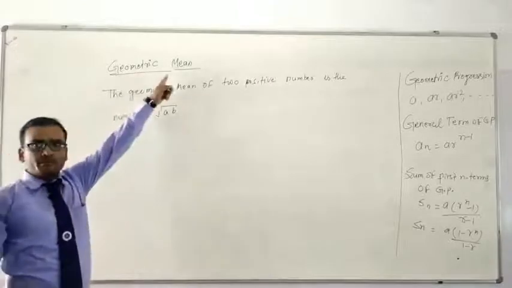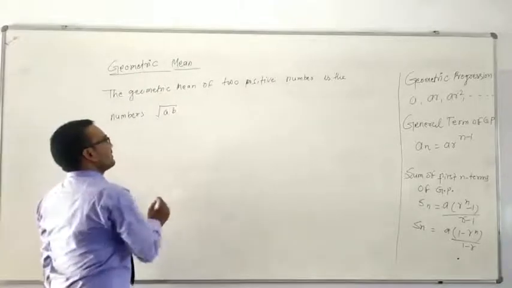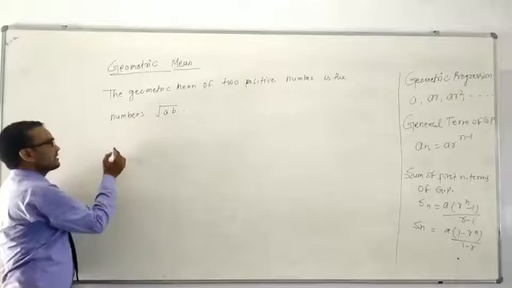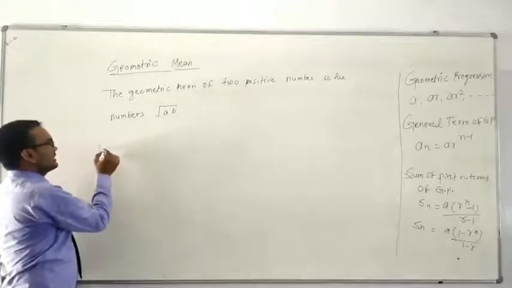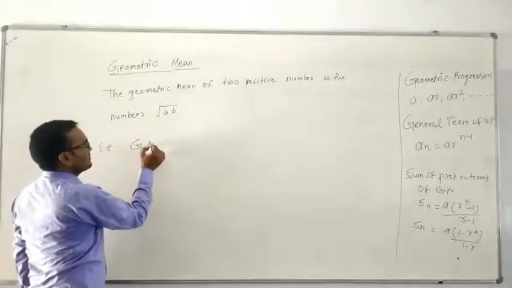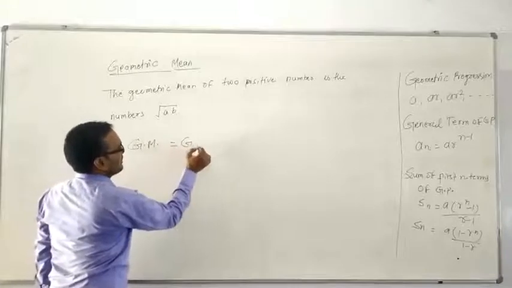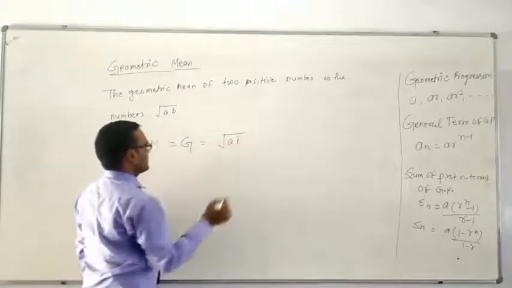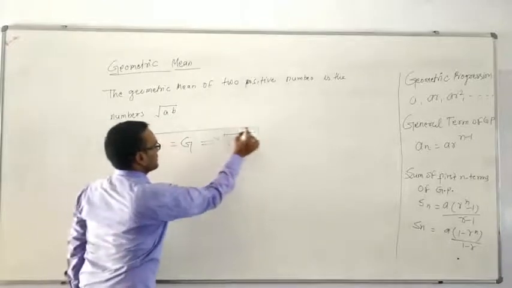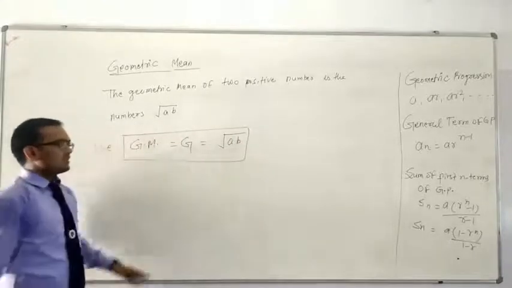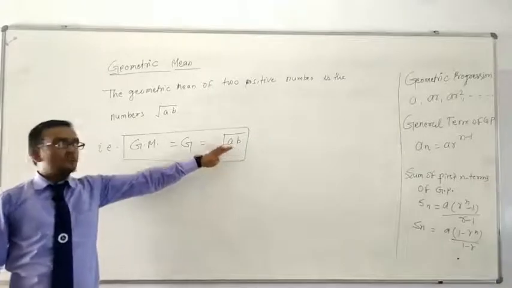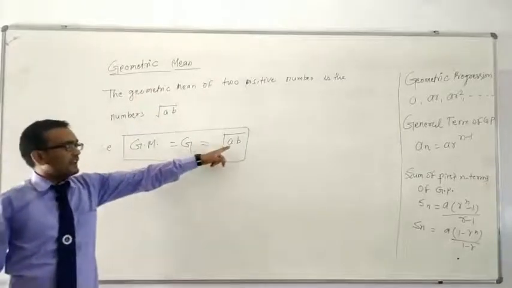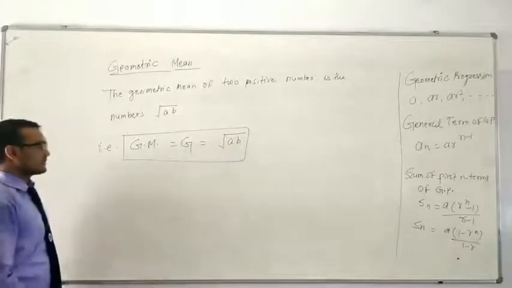Geometric mean is abbreviated as GM or simply capital G, that is, GM or capital G is equal to square root of AB. Square root of AB is the geometric mean of two positive numbers A and B.